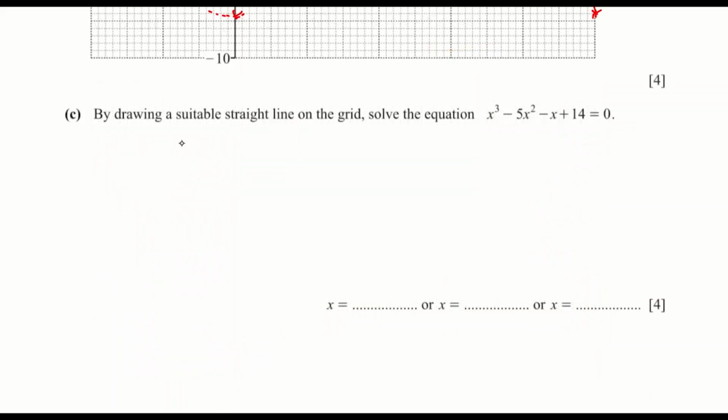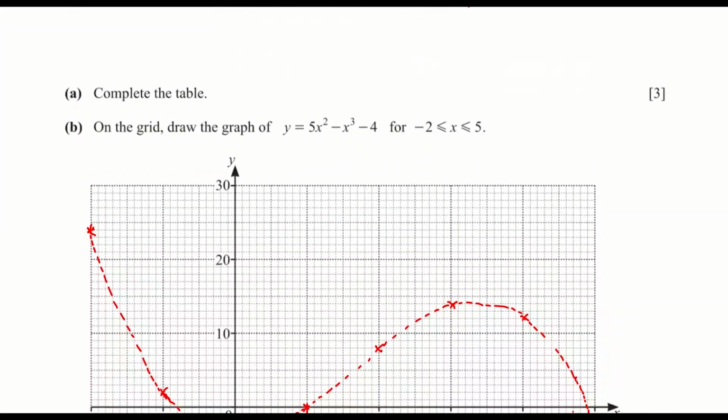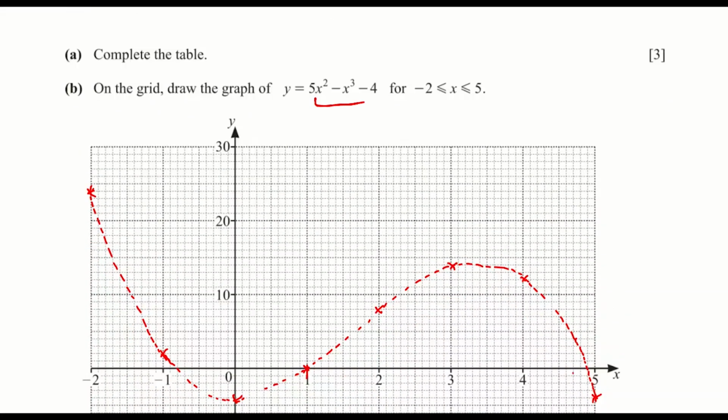Part C, by drawing a suitable straight line on the grid, solve the equation x cubed minus 5x squared minus x plus 14 equals 0. So what we need to do is to write this given equation in part B such that we will be able to factor this out.